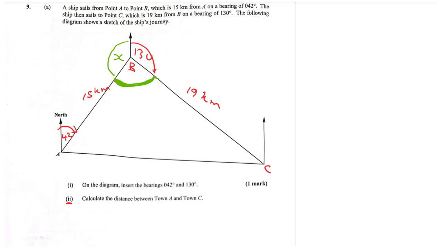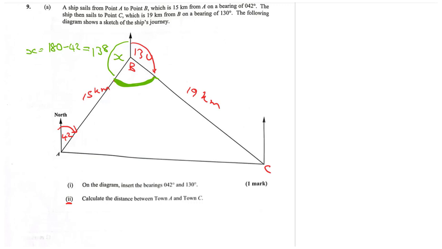So X and the 42 are co-interior, so they must add to 180. So X is equal to 180 minus 42, which is equal to 138.